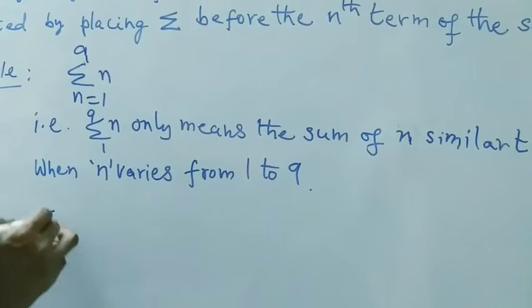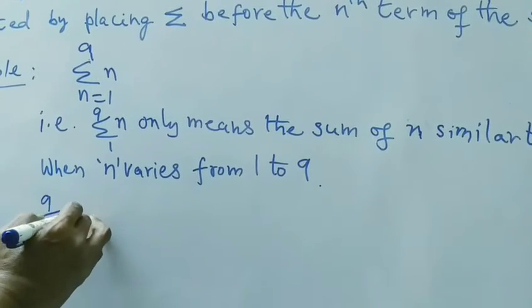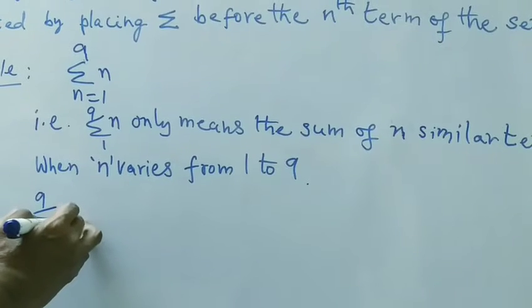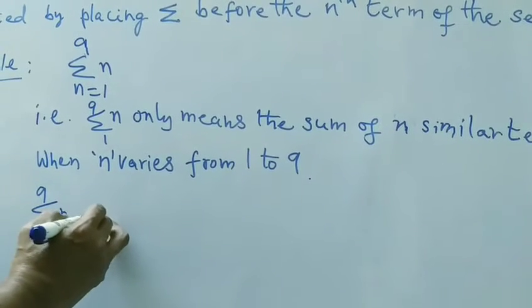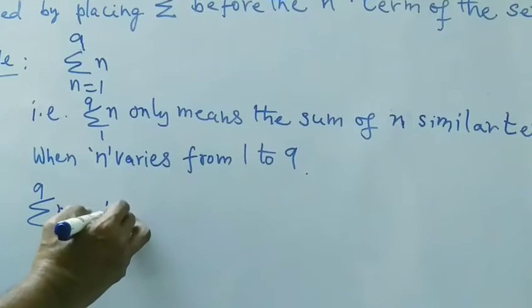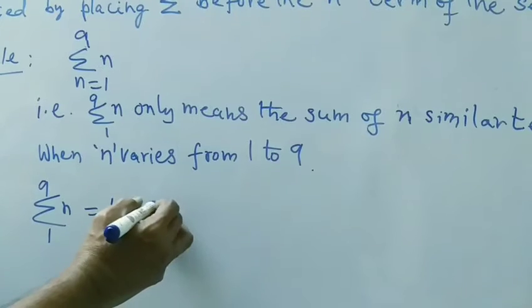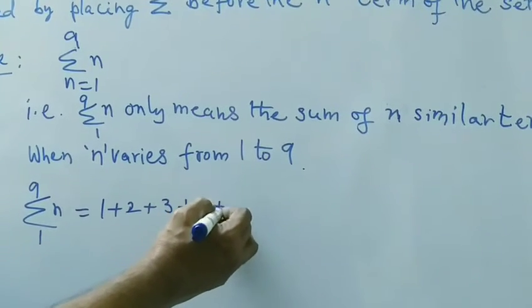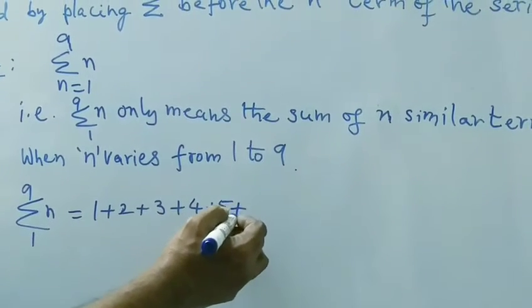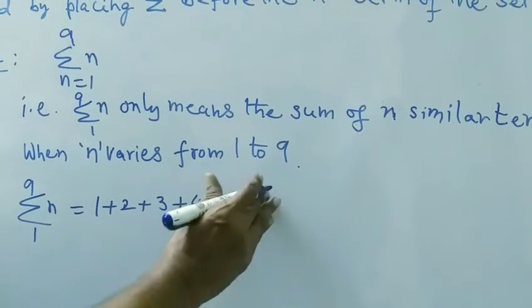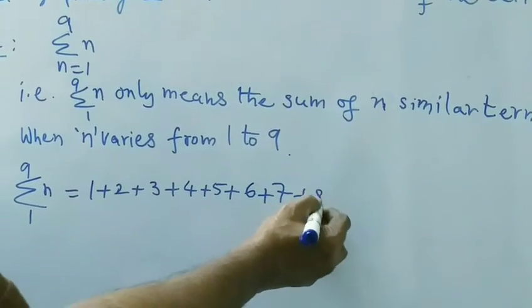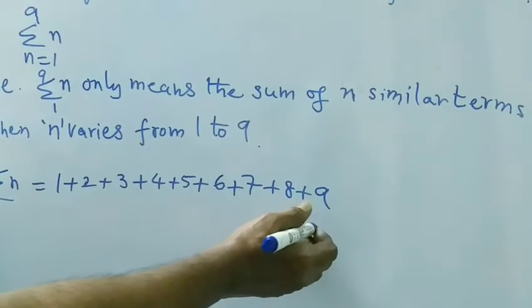Sigma 1 to 9 n, summation of n from 1 to 9 is equal to 1 plus 2 plus 3 plus 4 plus 5 plus 6 plus 7 plus 8 plus 9.